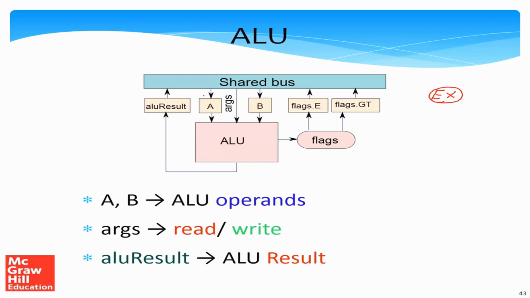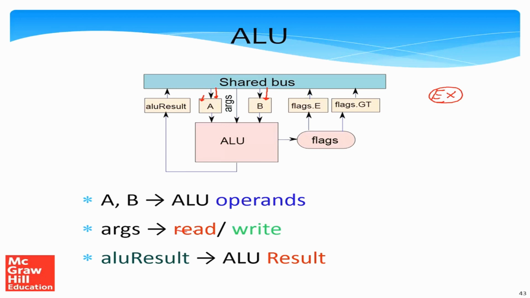So we'll add one 32-bit micro register called A, which stores the first operand. We'll have one more 32-bit micro register called B, which we read from the shared bus, and it will store the second operand.